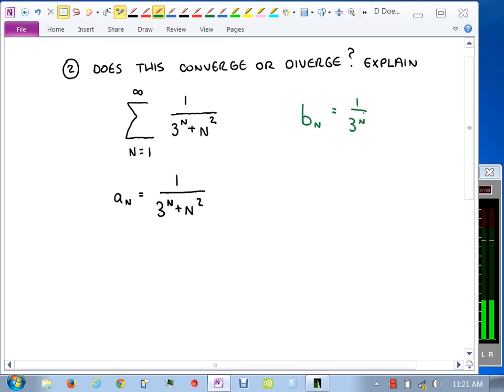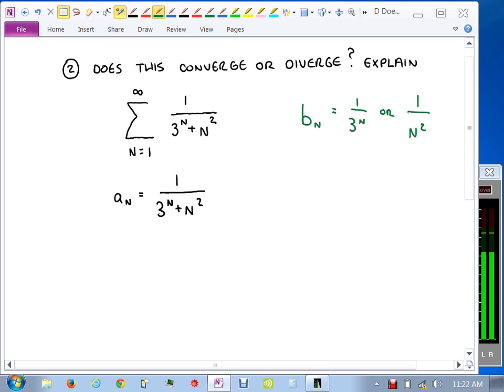Does that converge? Yes, those converge. So I could have used that, or some people use 1 over n squared. What type of series would that be? That's a p-series, with p being 2, and that converges, right? Either way, those two to compare to would be something I know about, right?